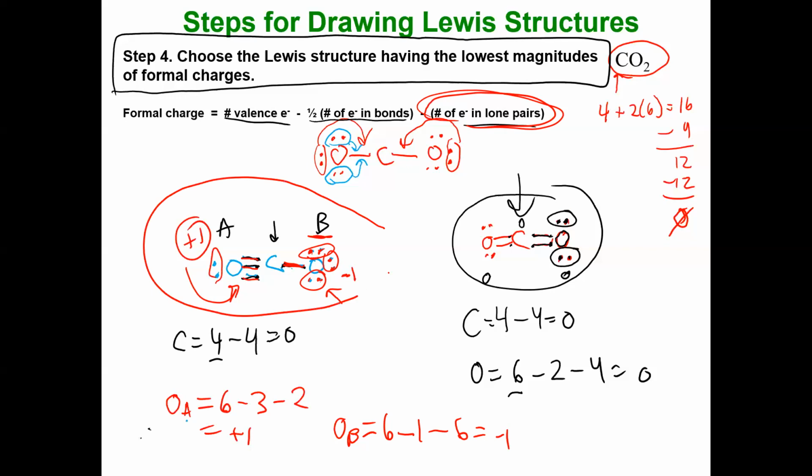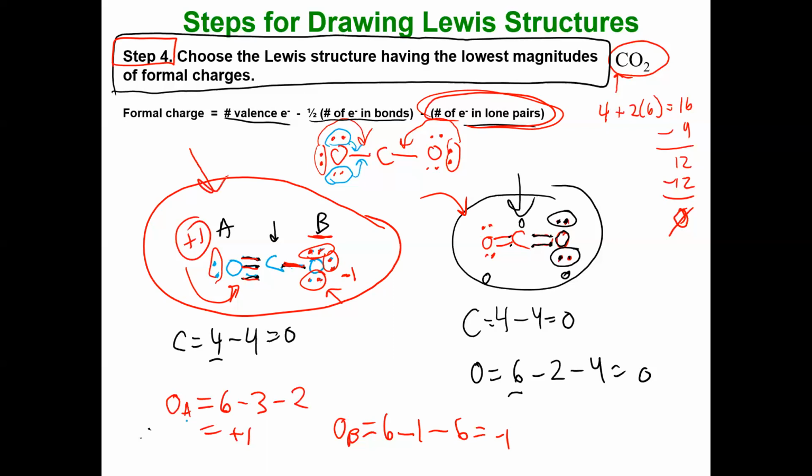So this structure for carbon dioxide is a valid Lewis dot structure, right? It's also called a resonance structure. Now, it's not an equivalent resonance structure, but it is a resonance structure to this. However, it is not the preferred Lewis dot structure because of rule number 4. And rule number 4 is you choose the Lewis dot structures that have the lowest magnitude of charge.